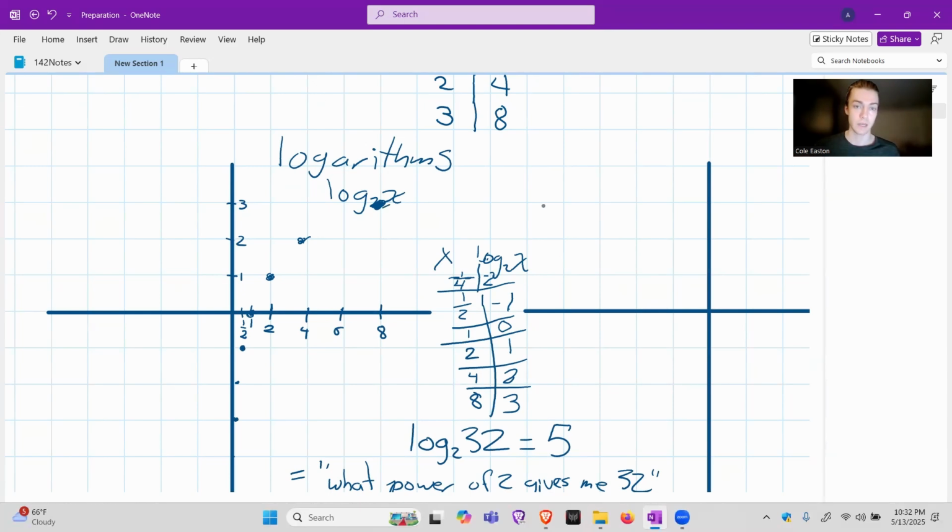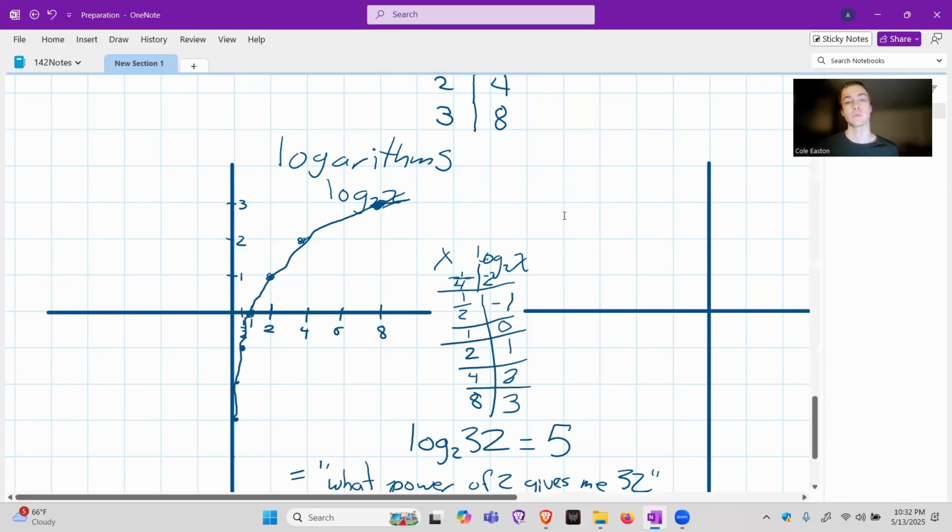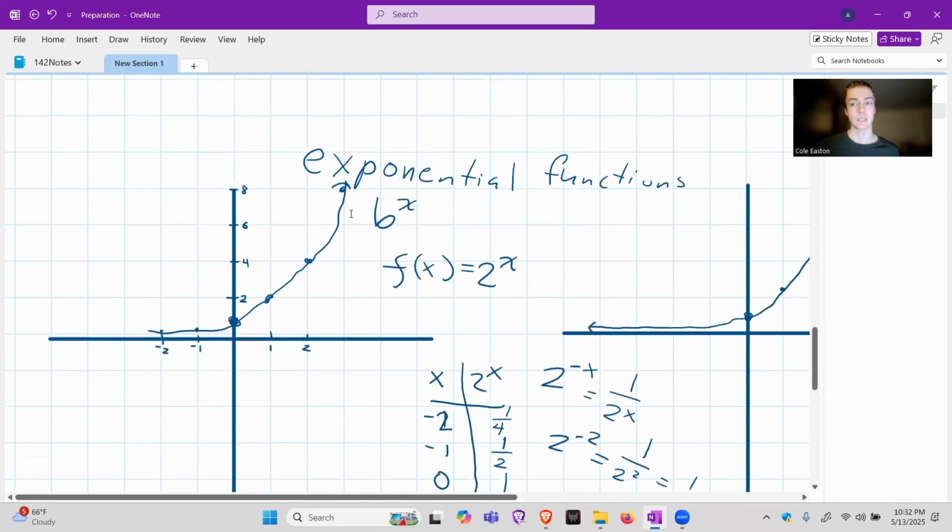So let's try to connect these points based on what we just reasoned about. We're going to come down like this. Also, if x is negative, we ask, 2 to what power gives me some negative number? It's not possible, right? We just looked at this exponential function, and we saw that 2 to any power is positive.